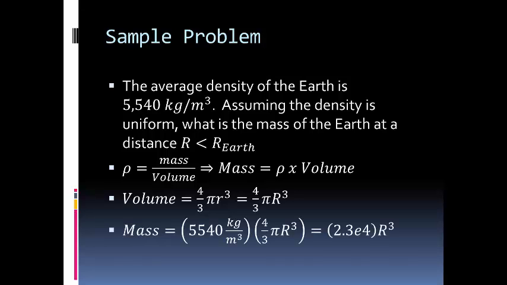Substituting that back into our equation, the mass of the Earth at a radius less than the radius of the Earth is 5,540 kilograms per cubic meter times 4/3 pi r cubed cubic meters, which gives us about 2.3E4 times r cubed.